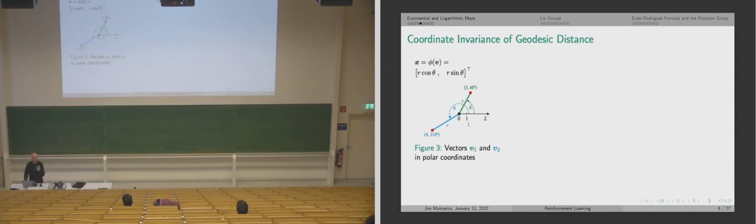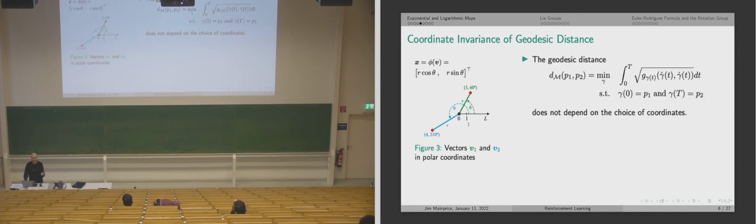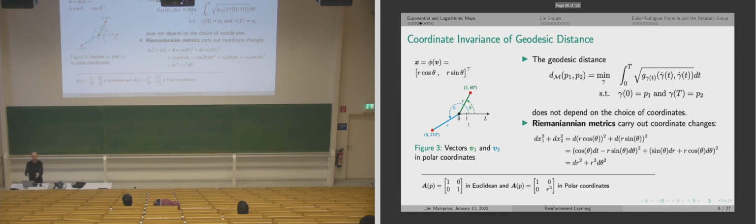We define the geodesics as being straight lines with respect to the Euclidean metric. And the idea is that if we have this notion of geodesic, we would want it not to depend on the way that we are choosing our system of coordinates for the vectors. And the way we do that is by changing the Riemannian metric, including in the Riemannian metric the change of coordinates.